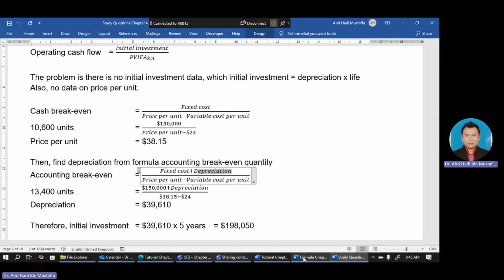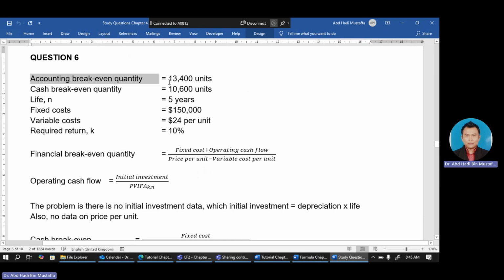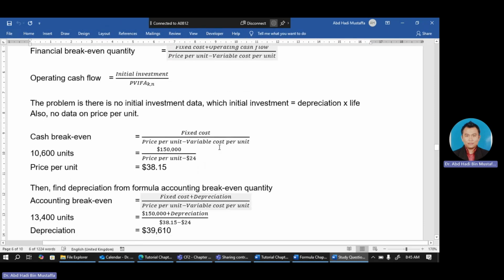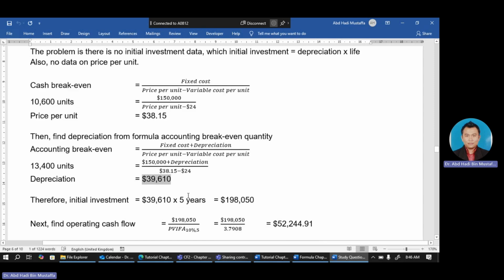So now use this formula to find depreciation, because we have the accounting break-even quantity. The price per unit of RM38.15 is already available. Just insert it, minus 24, 150,000 plus depreciation, which is unknown. So you get depreciation of 39,610. Then you multiply by 5 years to find the initial investment.